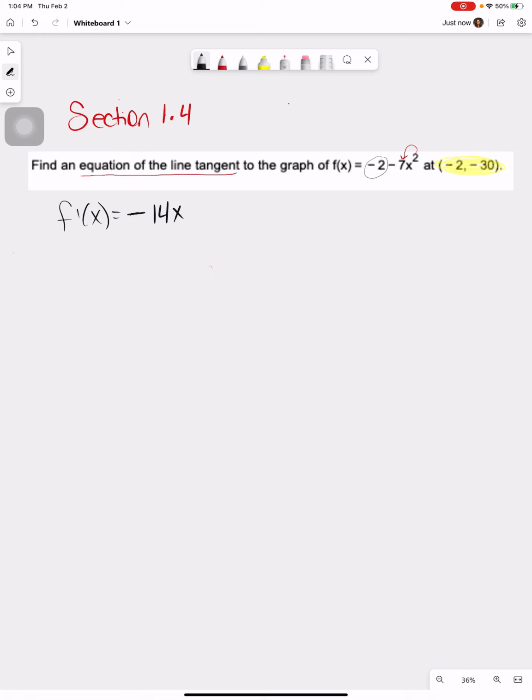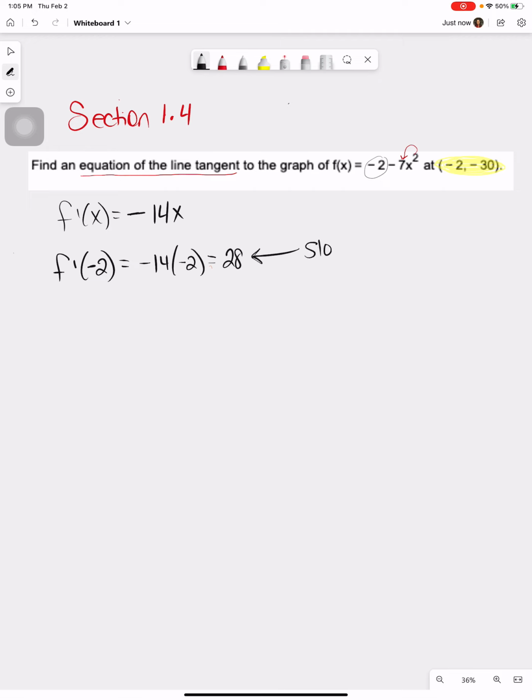So this is an equation that allows me to find the slope of the tangent line at any given point, right? So using that equation, what I need to do is find the slope of my tangent line when x equals negative 2. So I am going to substitute that negative 2 into that derivative, and that gives me negative 14 times negative 2, which gives me a positive 28.